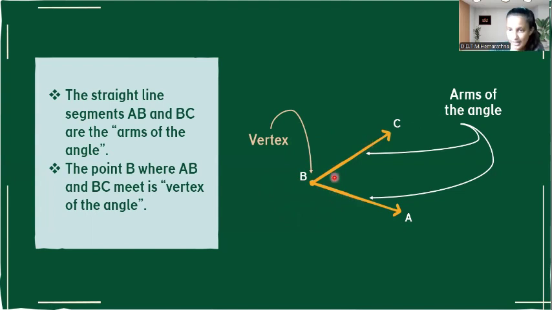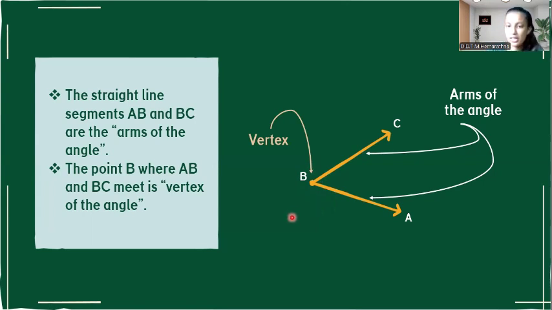The two straight lines are called arms of the angle, and the meeting point is called the vertex. You should keep in mind the names, vertex and arms, and be able to identify what is a vertex and what are the arms of an angle when you see an angle.